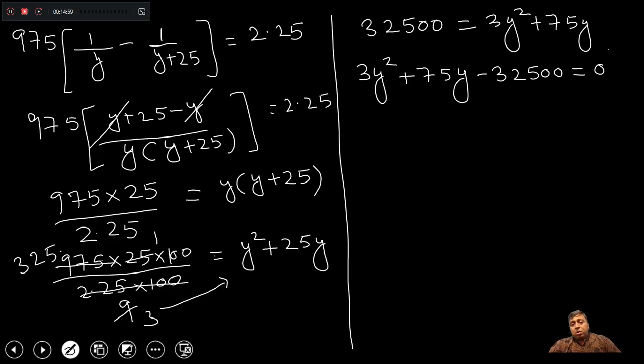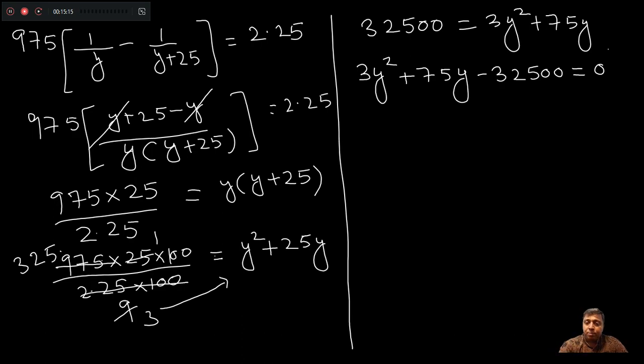Now, factorizing this is going to be challenging because the numbers are very large. So, if you feel in a word problem that factorization is difficult, do not hesitate from using the formula.